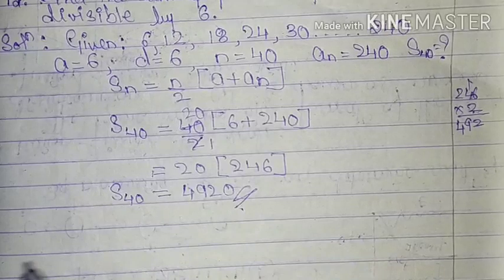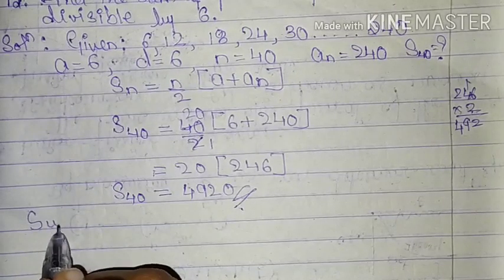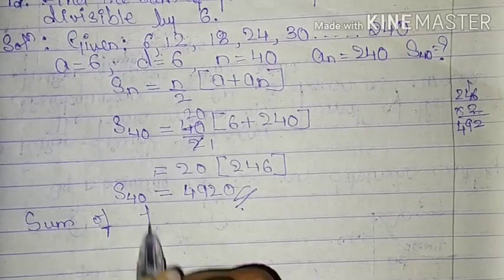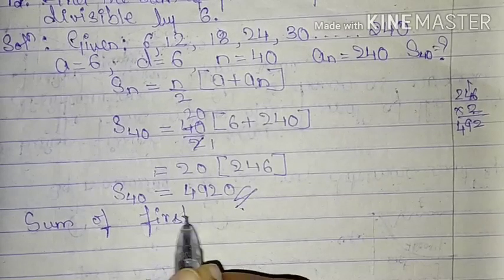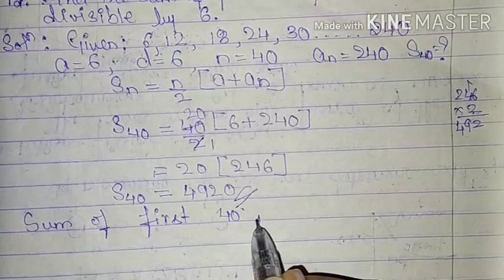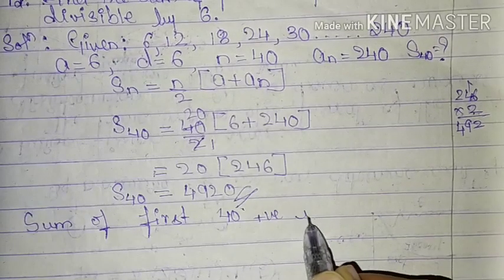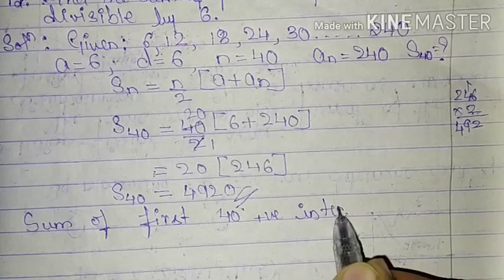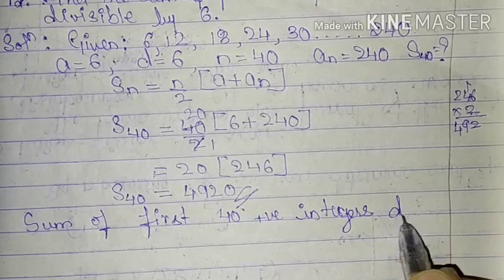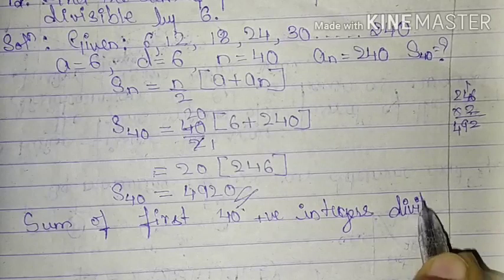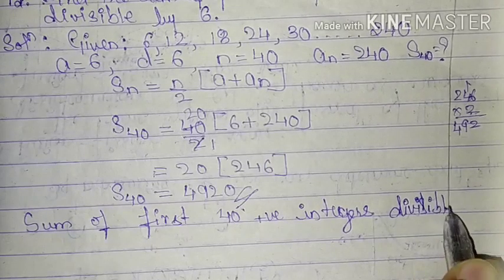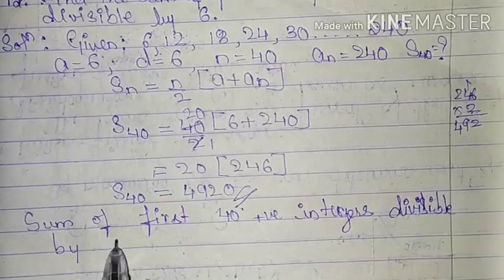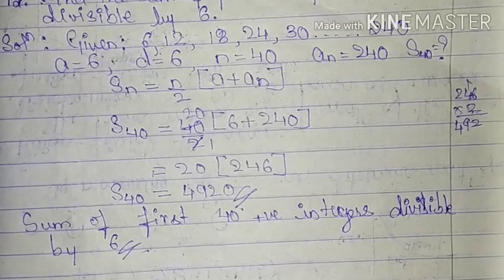So this is the sum of the first 40 positive integers divisible by 6. This is the sum.